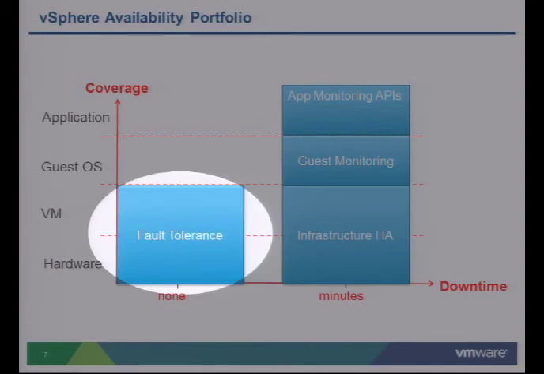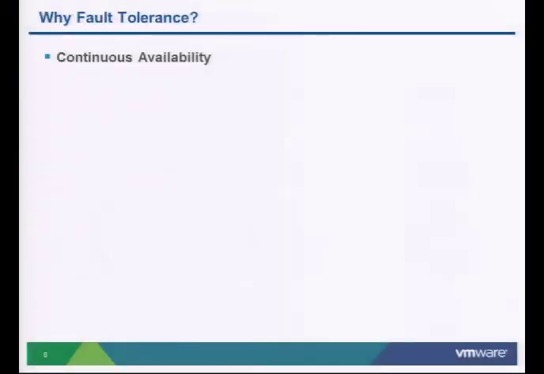The reason I say that this is really unique and special is because this is the only feature that offers you continuous availability. We are choosing our words very carefully here. Continuous availability is different from high availability. We've all known about high availability solutions that are offered even by VMware and by other vendors at various levels, including application level high availability. Essentially, what happens in HA is that someone keeps an eye on your workload.